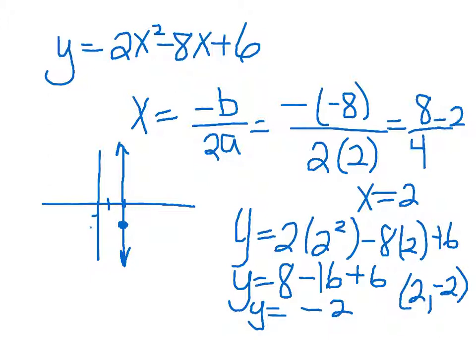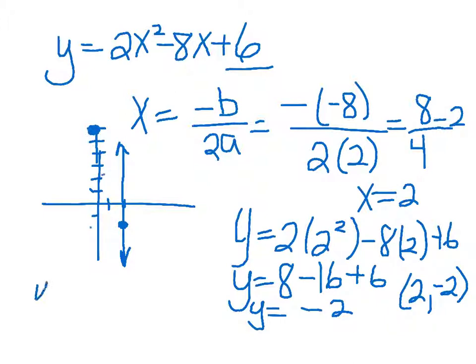Now, where's our y-intercept? It's that C number. So 1, 2, 3, 4, 5, 6. And to test this out, let's put in a 1 for x. It should be somewhere right around here.